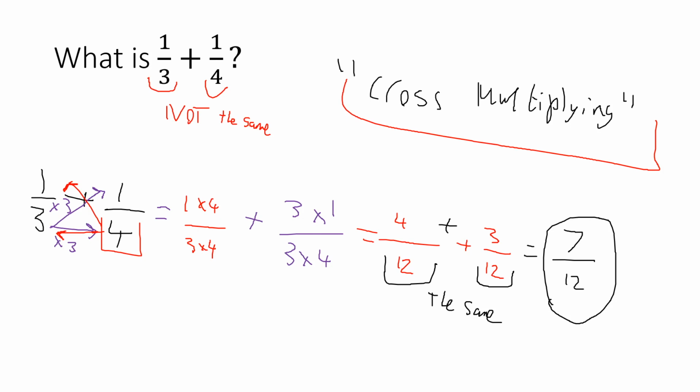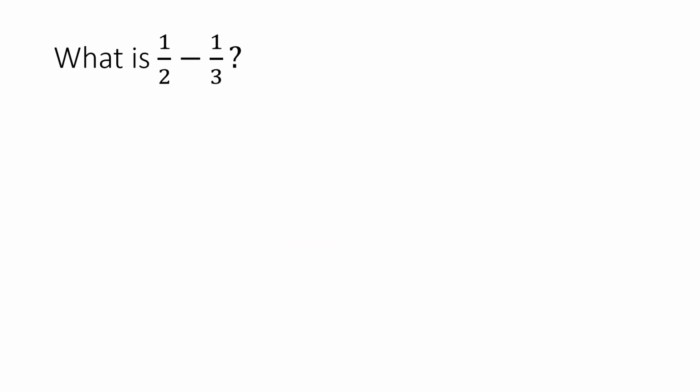It's the exact same thing if we subtract. So again, these two are not the same, so we can't subtract the top. Now what we need to do is make them the same. So 1/2 minus 1/3.